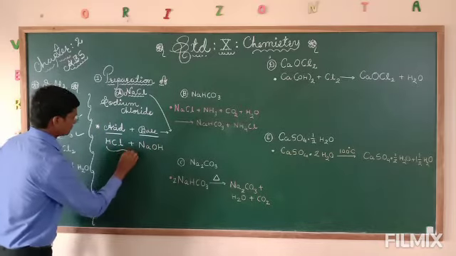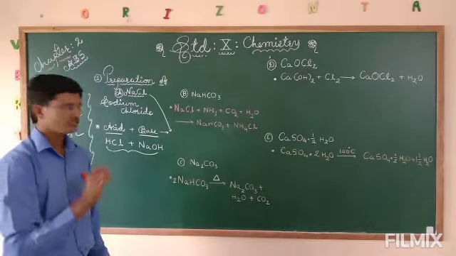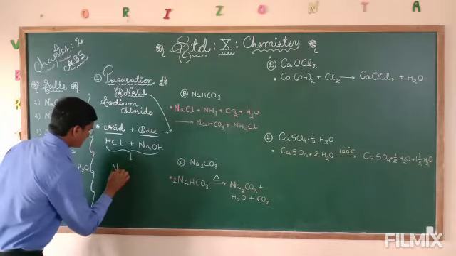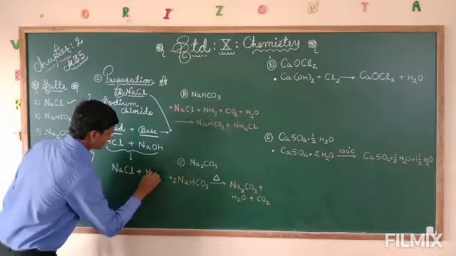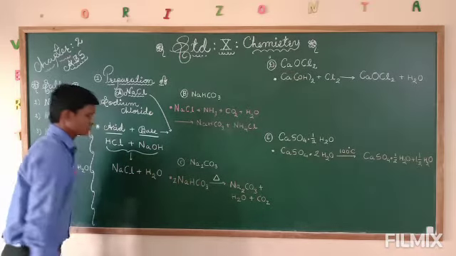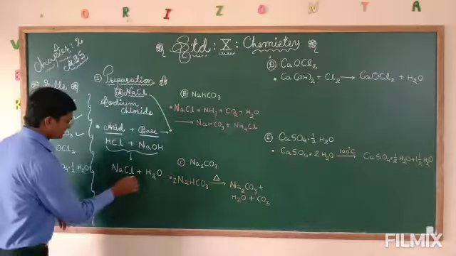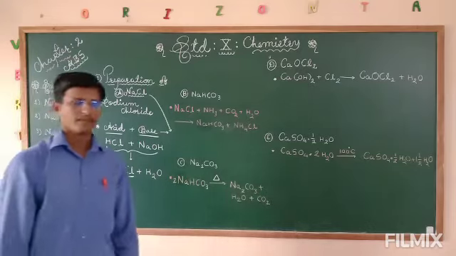These two, acid and base, react with each other and give us salt, NaCl, and H2O. So this is the formation of NaCl, a common salt, or we can say sodium chloride.